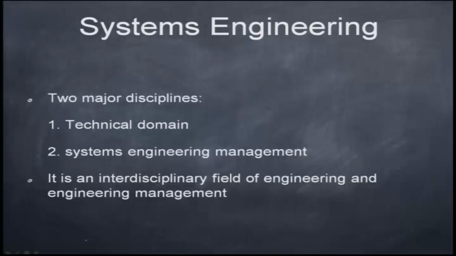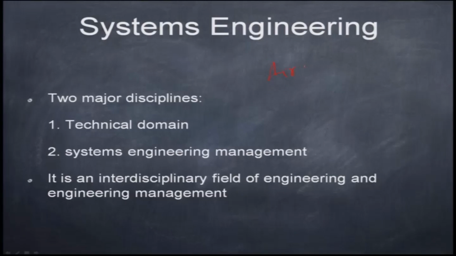In systems engineering, there are two major disciplines. The first one is called the technical domain. The technical domain particularly deals with the technical know-how of product development. Let us say that you are working on the development of an aircraft. An aircraft typically has, you can think about it in, 5 parts.